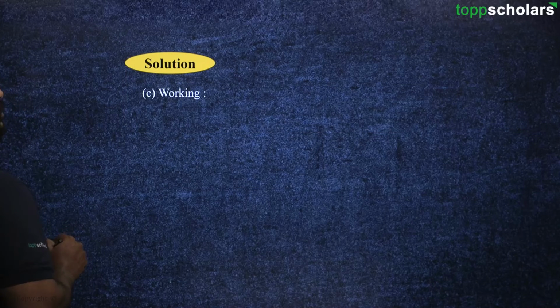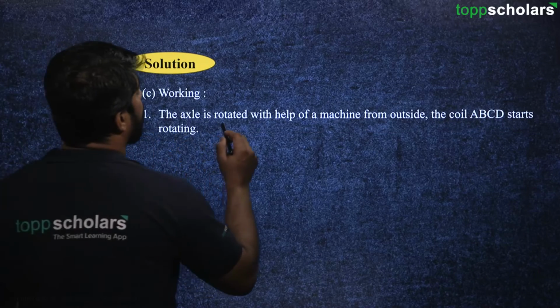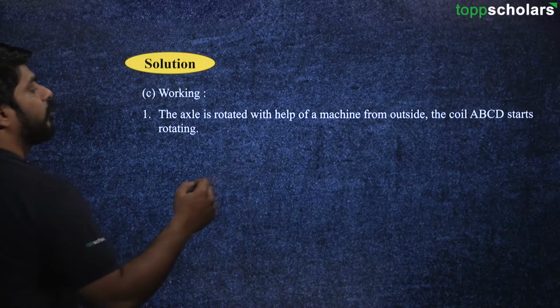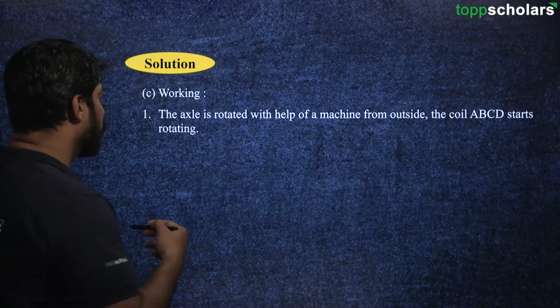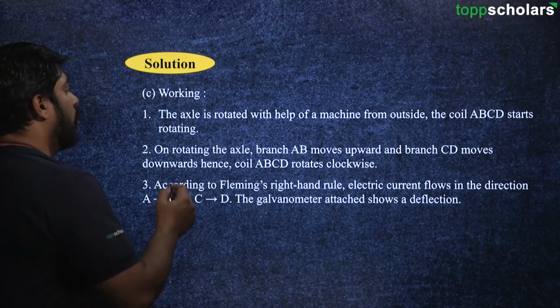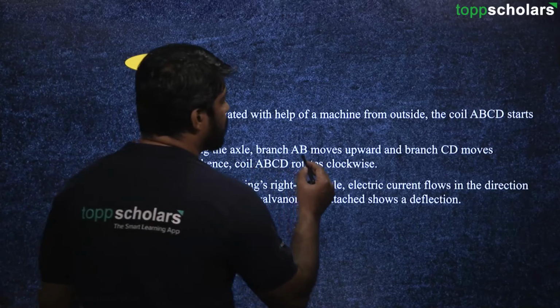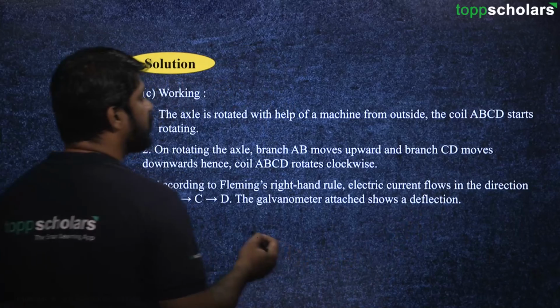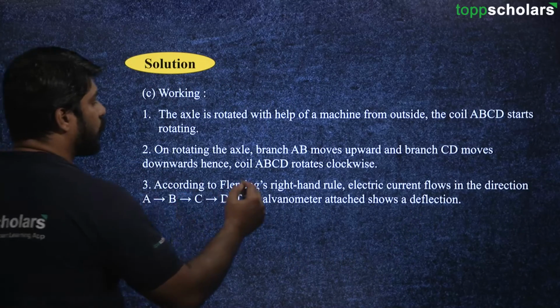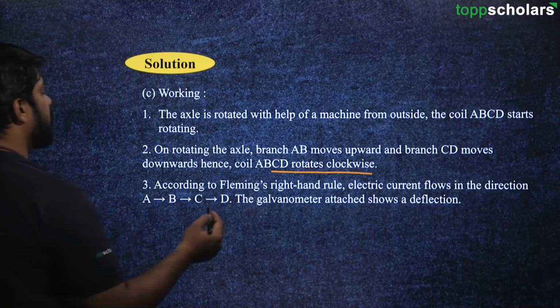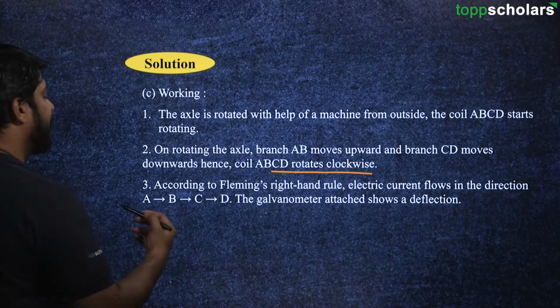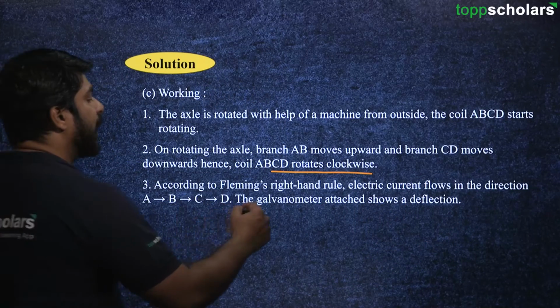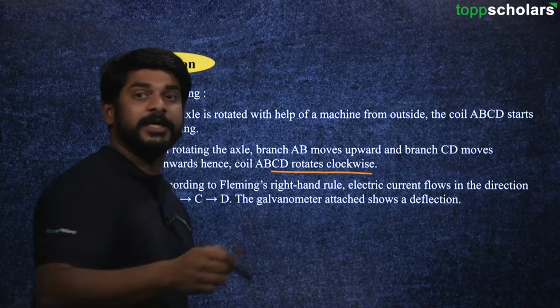The direction of the induced current is found with the help of Fleming's right hand rule. Then the next question, working. The axle is rotated with the help of a machine from outside. The coil ABCD starts rotating. On rotating the axle, branch AB moves upward and branch CD moves downwards. Hence, coil ABCD rotates clockwise. According to Fleming's right hand rule, electric current flows in the direction ABCD. The galvanometer attached shows a deflection.